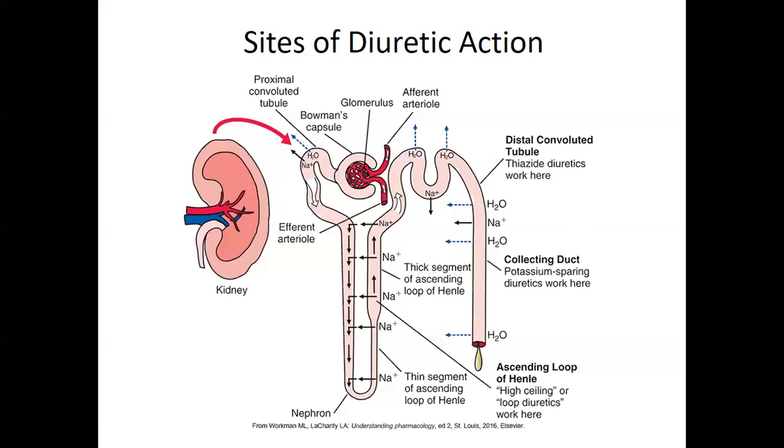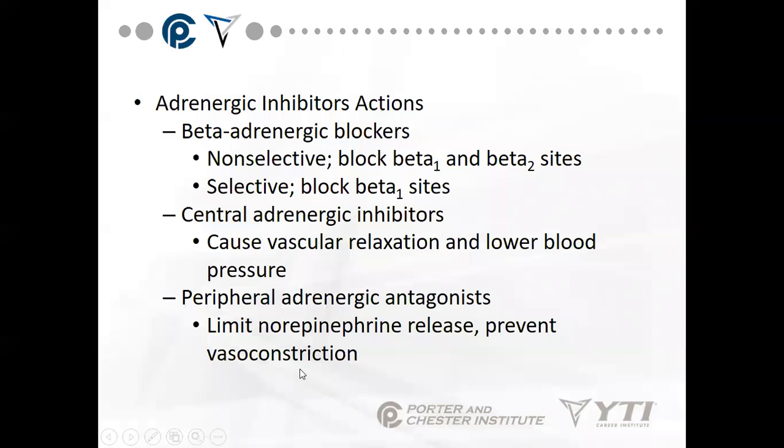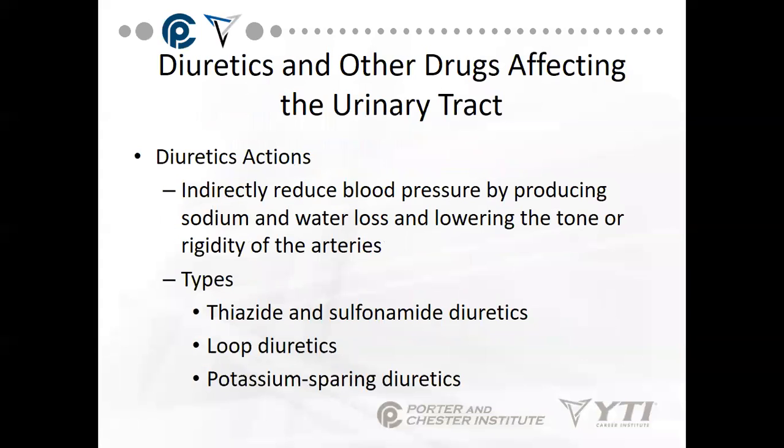As a memory jogger, just to remember the 4 categories of the diuretics, I'm trying to see if they have it here. They actually put it here. Thiazide, sulfonamides, loop diuretics, potassium sparing. So it's 4 different types.